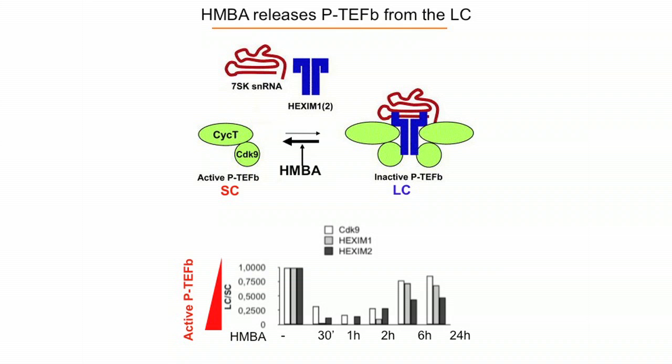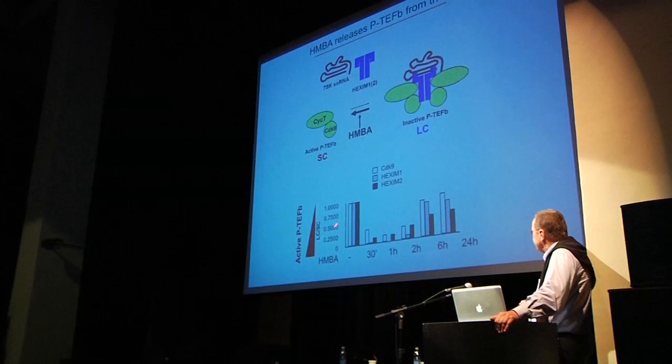At least these are transformed cell lines like Jurkat, HeLa, and so forth. So basically, there's a release of P-TEFb by HMBA very quickly, and then reassembly of the large complex. During this release of P-TEFb, HIV transcription is very potently activated. And the reason it's sustained is also an important fact that I'll get into in a moment.